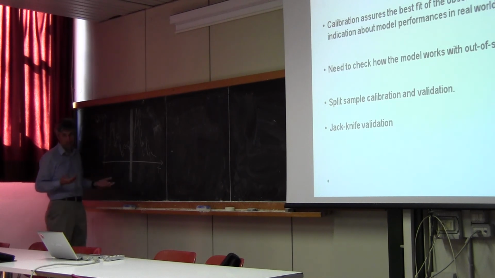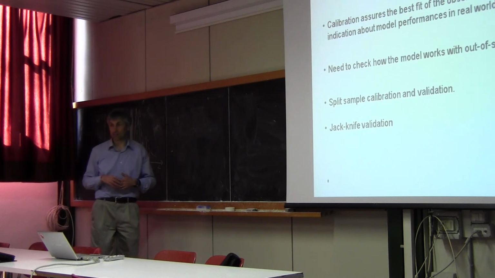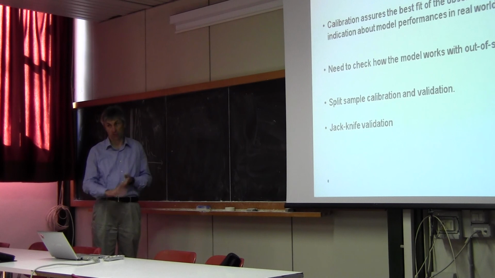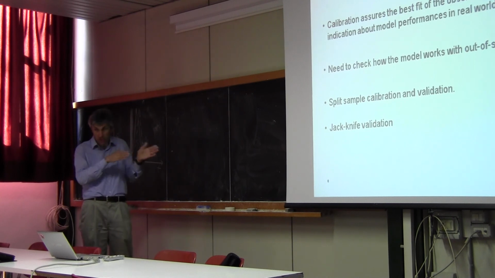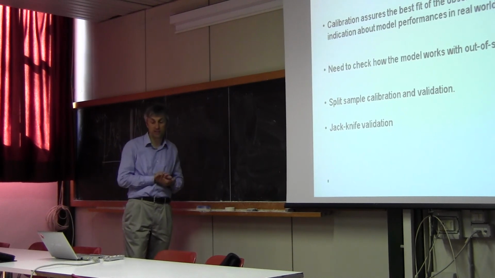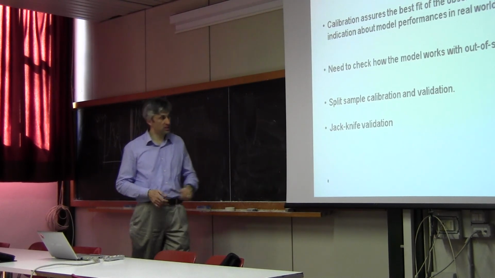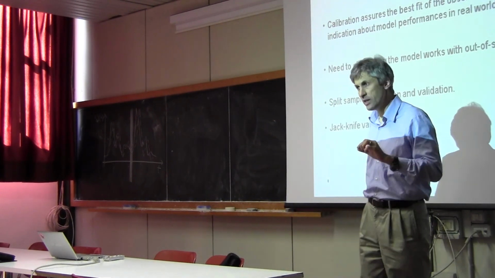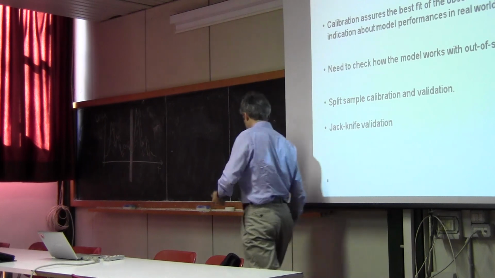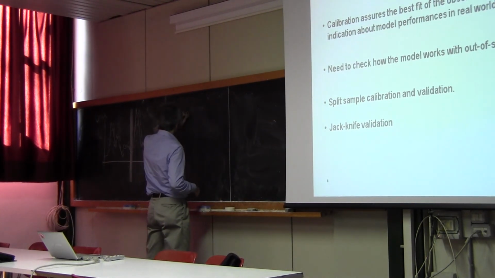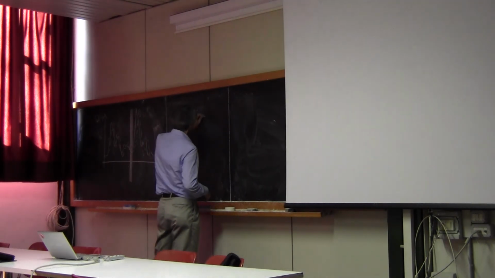The only problem is the computational requirements and the fact that the procedure is complicated, because you have to continuously change the validation period, recalibrate the parameters, etc. But this jackknife validation, which is also called leave one out, is a synonym.